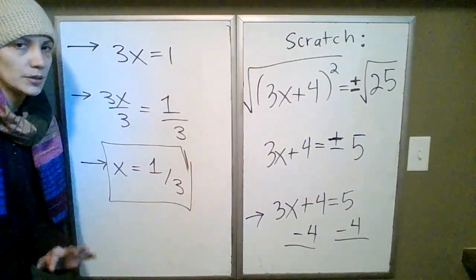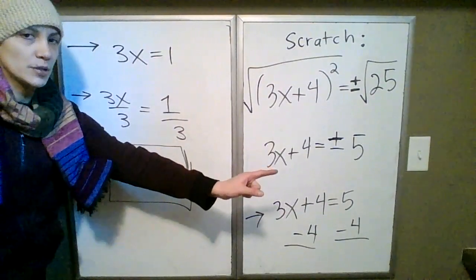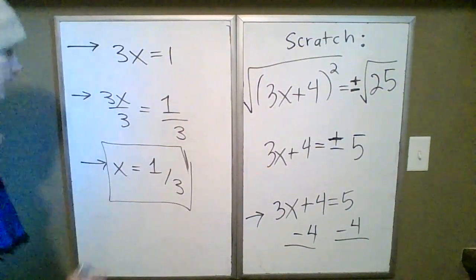There's another solution from letting 3x plus 4 equal negative 5.